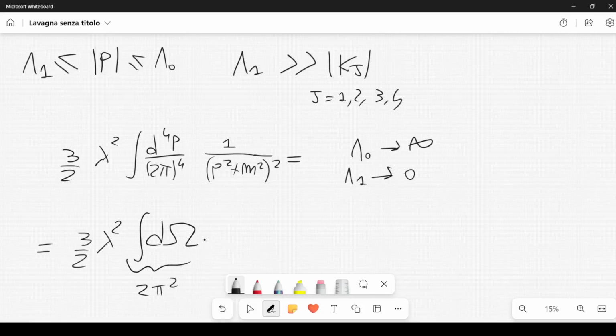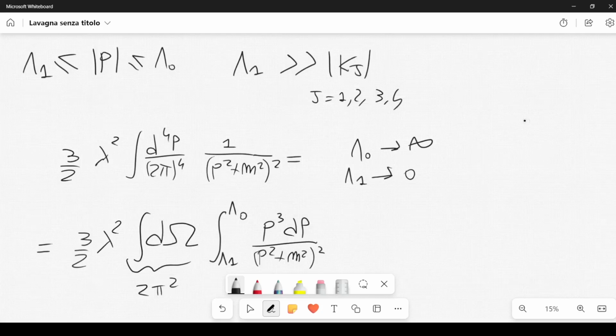There is also a video in the appendix, let me remind you, so if you are interested, just check out the video. And then here we have an integral from Λ1 to Λ0, p³ dp divided by (p² + m²)².